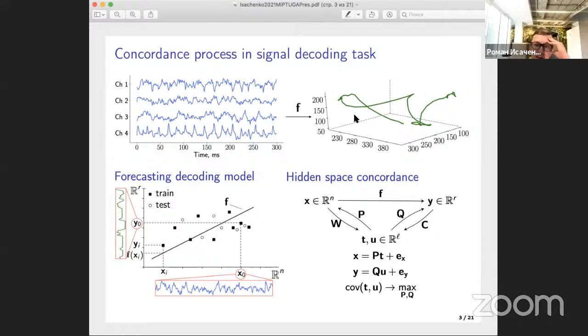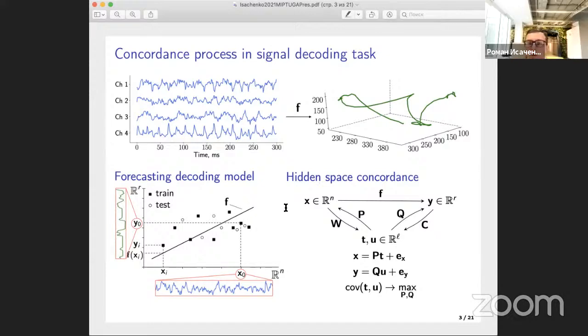The input and target signals have a different nature and have a high dimensionality. A point in the X space is a segment of the input signal from the space of dimension n. A point in the target space Y is a segment of the target signal from the space of dimensionality R.